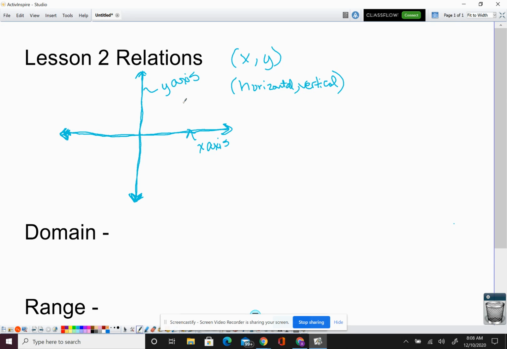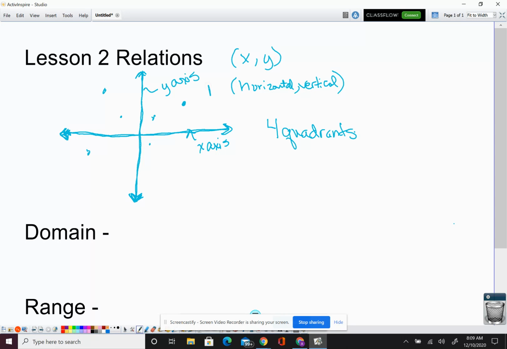And we can plot points in our coordinate grid in all different areas. There's 4 different areas, the 4 quadrants. And this might be new to you.